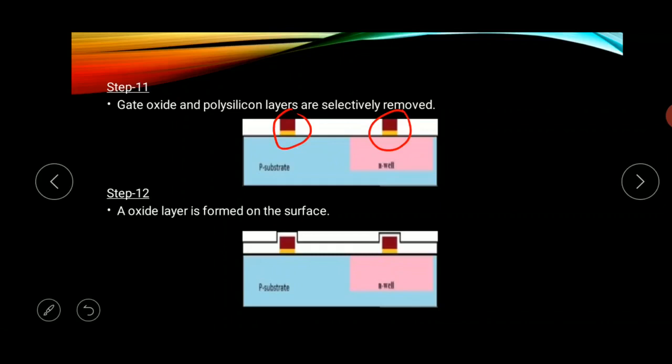In step 12, an oxide layer is deposited over the wafer or substrate, which acts as a shield for further diffusion and metallization process. So this region is the oxide layer.